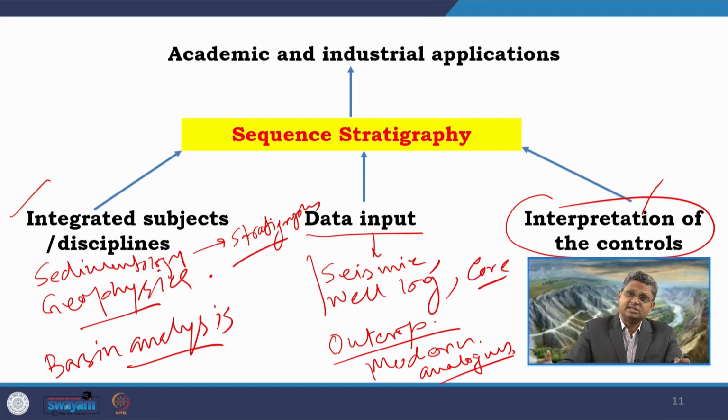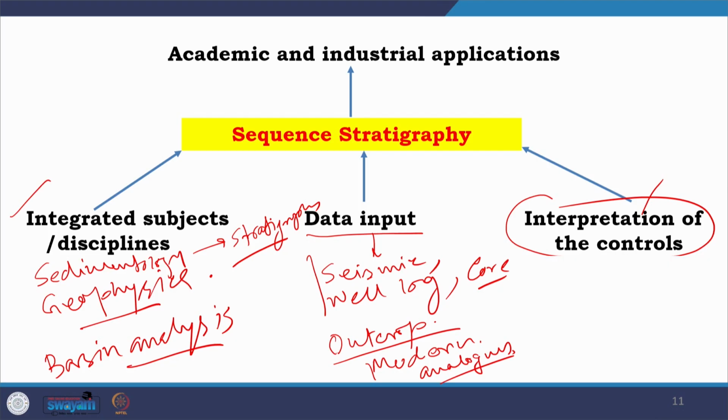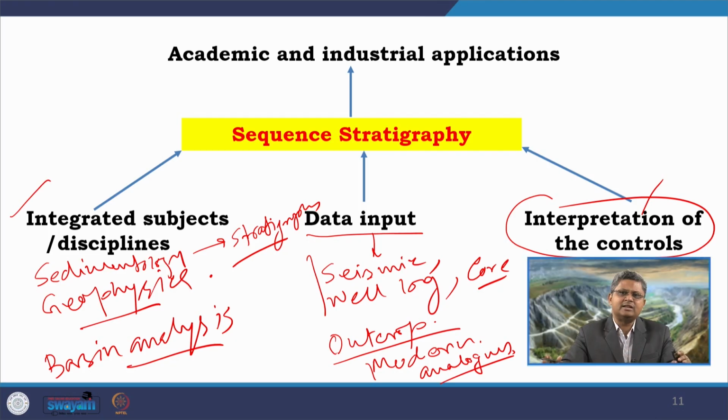For example, sea level change can be one major control, it can be climate, it can be tectonics, it can be some autogenic or allogenic factors. So, these are the different factors which commonly control the nature of sedimentation, the character of the resultant product, and what kind of sedimentary succession has developed, has formed, where we can apply this concept of sequence stratigraphy.